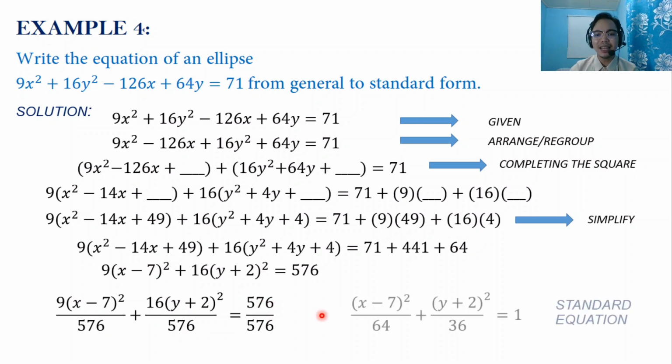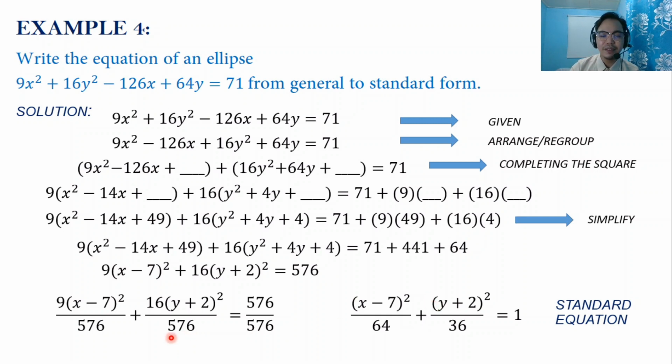Then, simplify lang natin siya. 9 and 576 are both divisible by 9. So, yung 9 naging 1 na lang. And 576 divided by 9 is 64. Then, 16 and 576 are also divisible by 16. So, yung 16 naging 1 na lang.